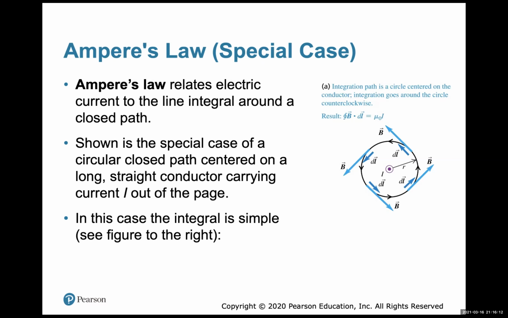But it's going to be zero because magnetic field lines don't terminate. They're loops. If they enter the volume in question, they're going to leave, and the net flux is going to be zero every time. So Gauss's law for magnetic fields is not going to help us.